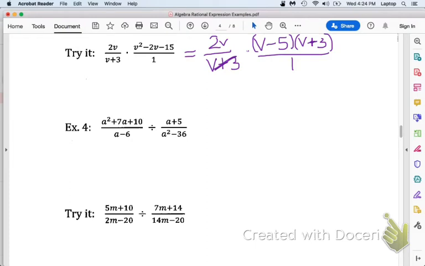So you may have already seen my little error of omission. I think I tried to draw it and it just didn't copy. Who even knows at this point? All right, so I will cancel it so that my final answer becomes the expression 2v times v minus 5.